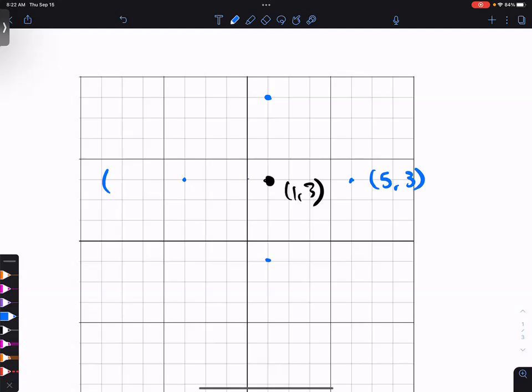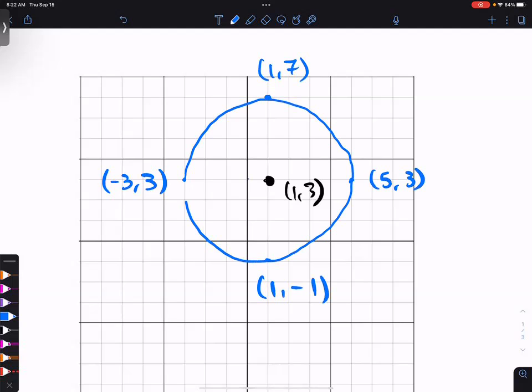4 to the left would be there, 4 up, and 4 down. And then I can draw in something that looks like a circle. Oh, wow.